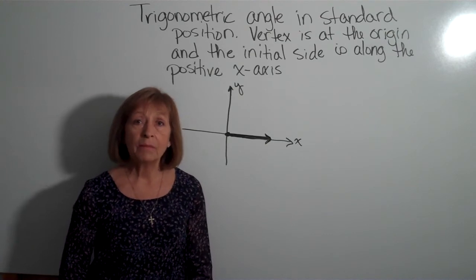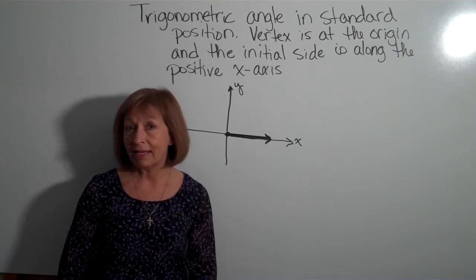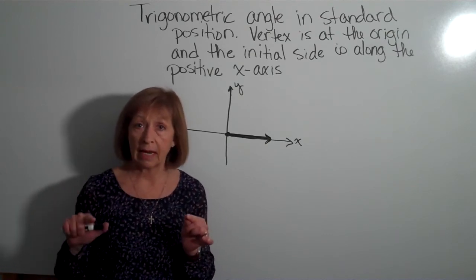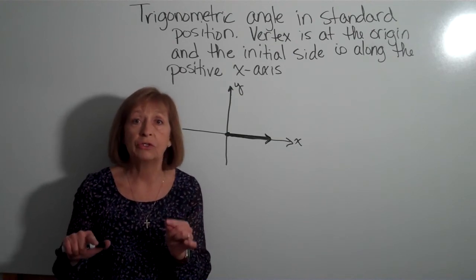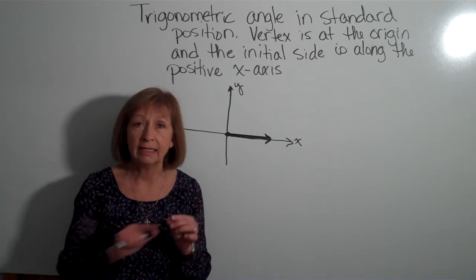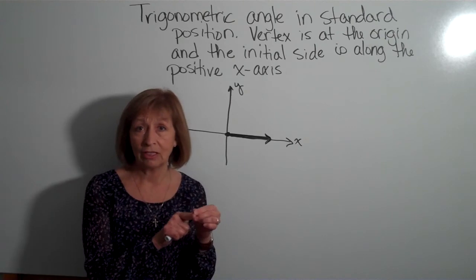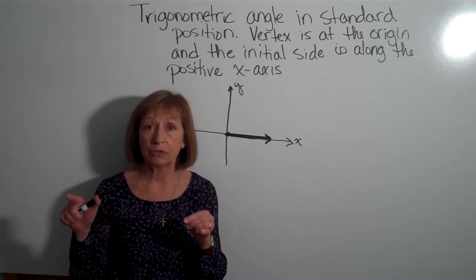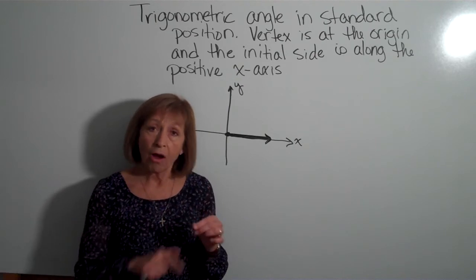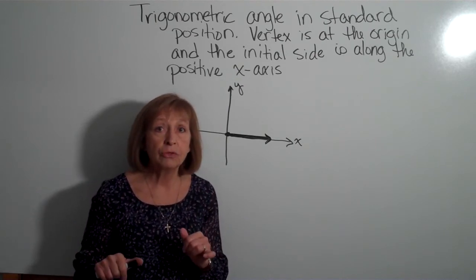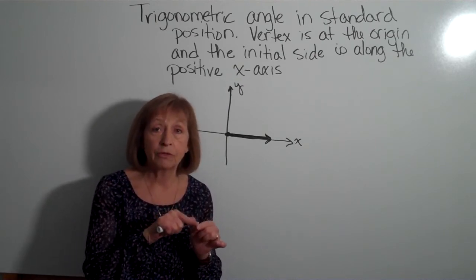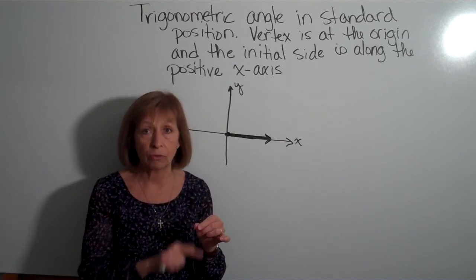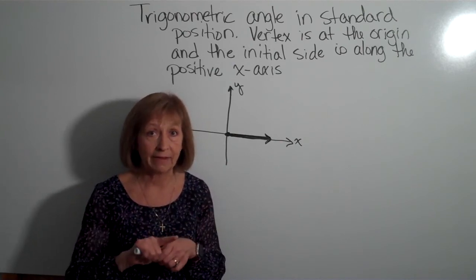We'll talk about the angle being a positive angle if you go up and around off the initial side to hit that terminal side. We'll call it a negative angle if you go down and around to go from the initial side to the terminal side. So your arc is always from the initial side to the terminal side, and it depends on if you go up and around for positive angles or down and around for negative angles.